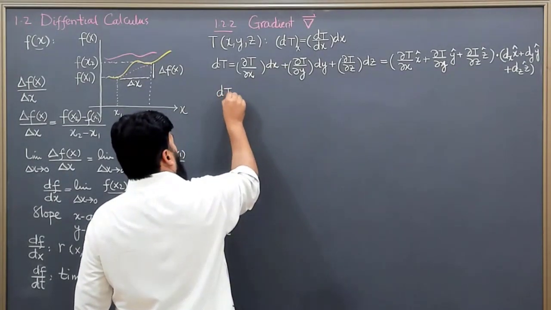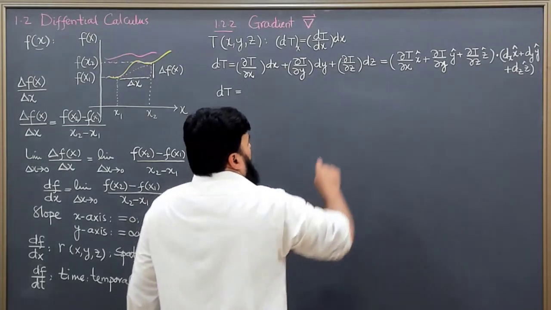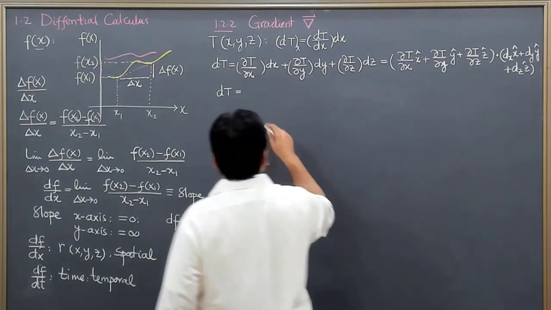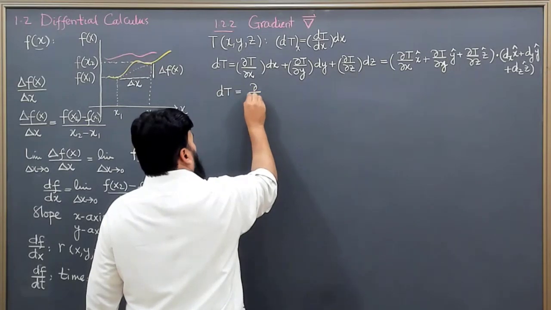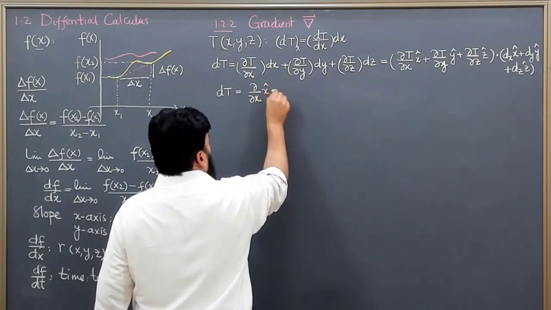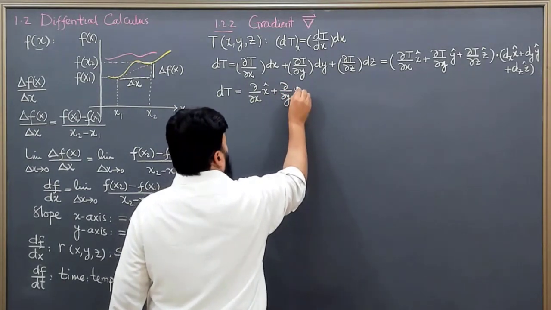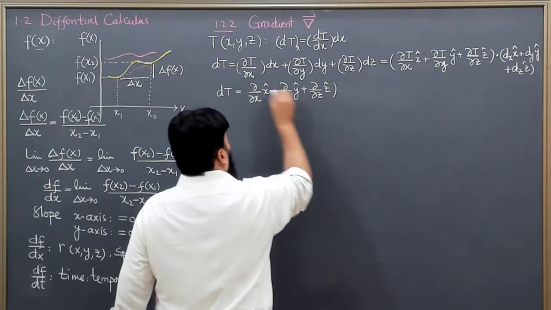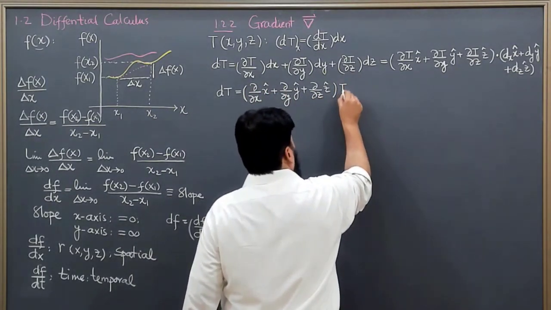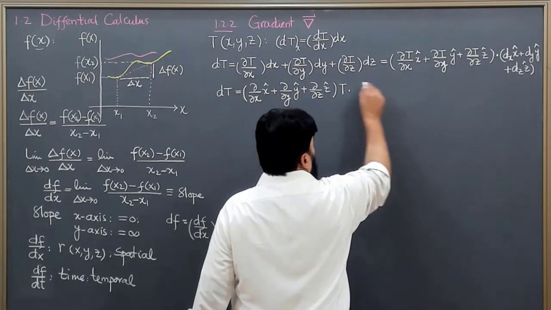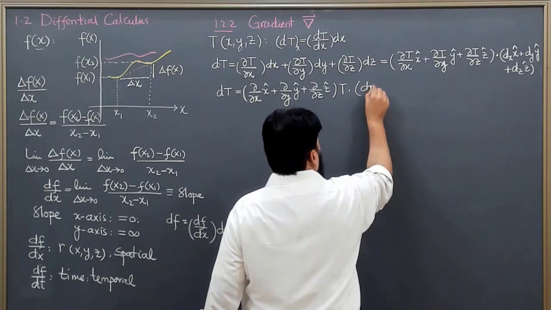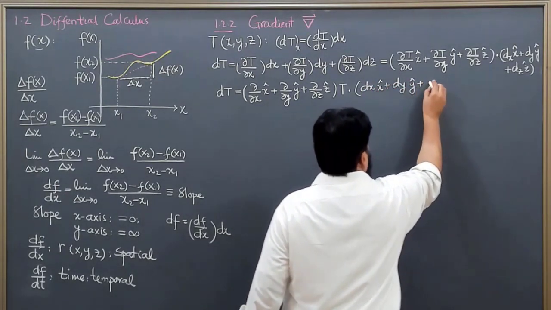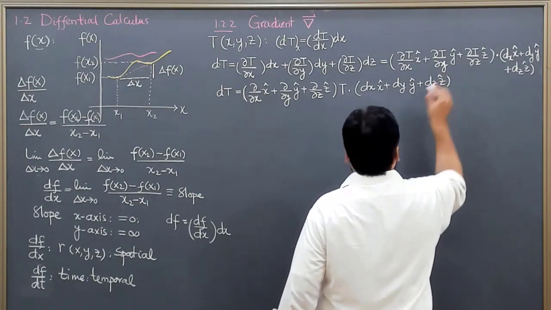The dt is then equal to, since it's a scalar function, I can take t as common: partial over partial x in the x unit vector plus partial over partial y in the y unit vector and partial over partial z in the z unit vector, and here I write the scalar function t, dot dx in the x unit vector plus dy in the y unit vector and dz in the z unit vector.